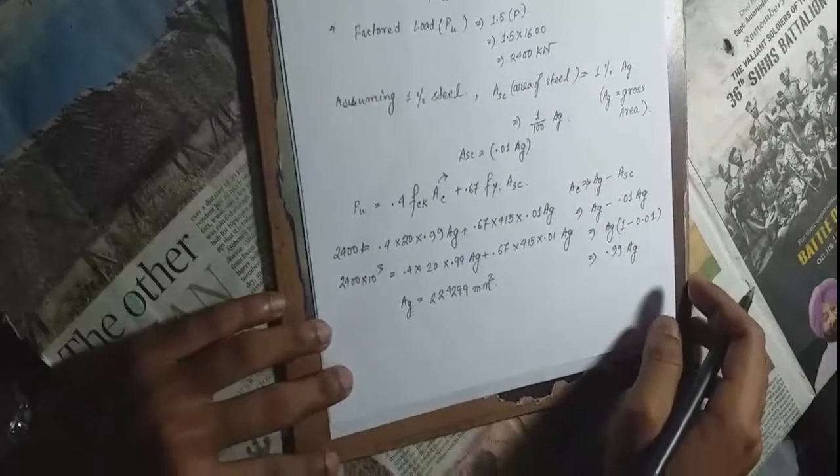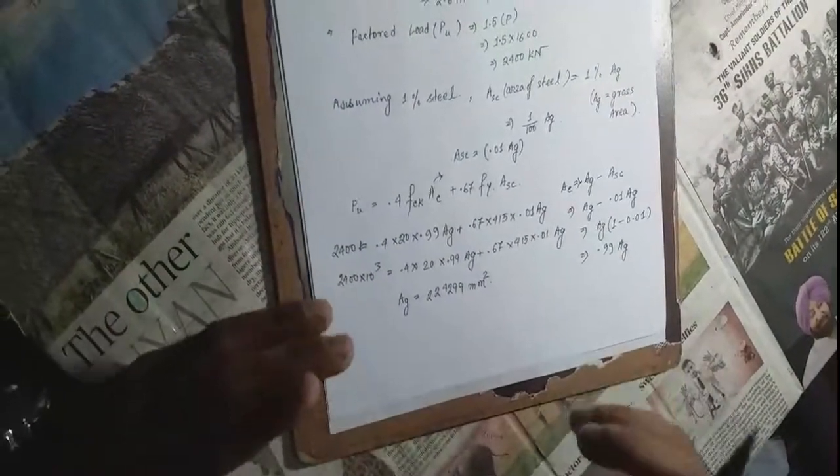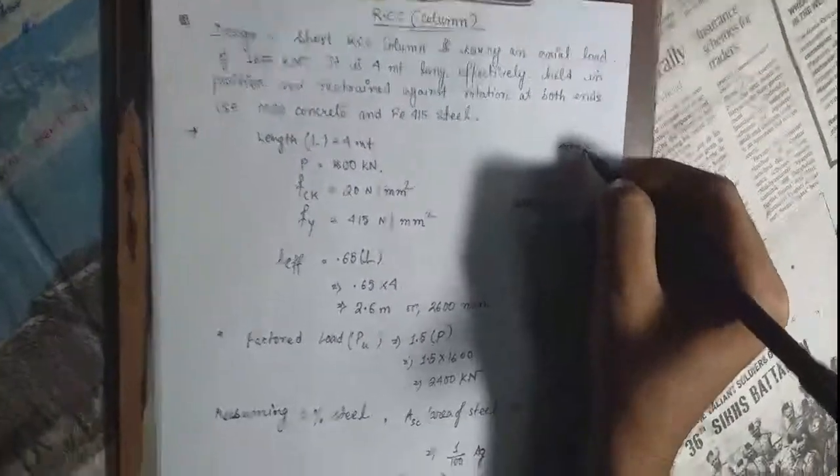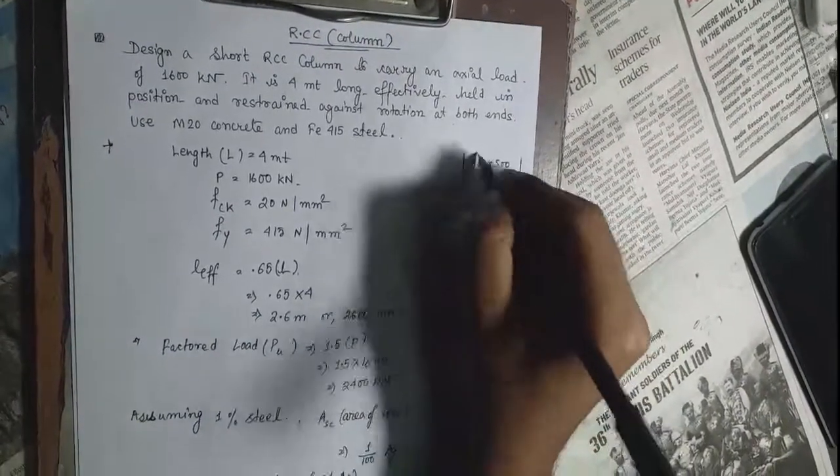Now we didn't get the dimension, that is, what is its length and what is its breadth. If the question were given as 400 into 500 or 500 into 500, then that's another type of question, but here the dimension is not given.